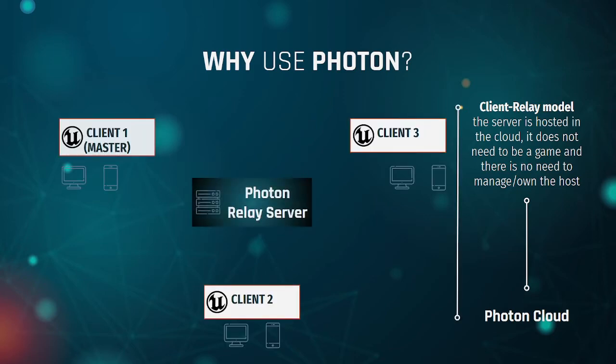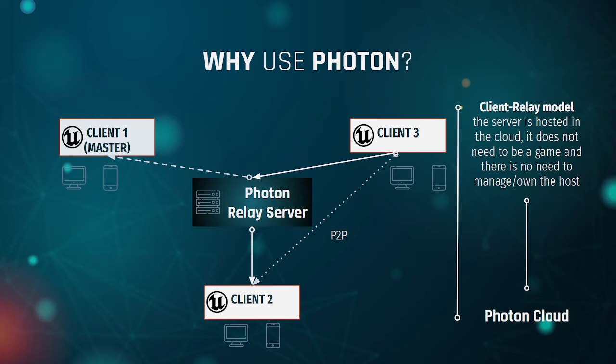You have different clients that connect, and for example, client 3 can send a message that client 1 is going to receive through the Photon relay, but it can also be sent to client 2 if you want. There is another option, which is to send from client 3 to client 2 with no relay server in the middle, so you are sending a message directly.